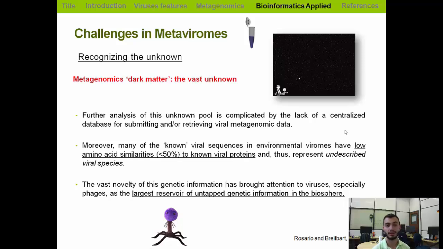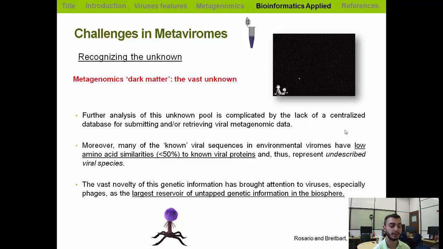And all this new knowledge that we are gaining has brought attention to the viruses. So metagenomics is a popular subject. People are doing a lot of metagenomics, and viral metagenomics is even more popular. We have to try to assess this knowledge about viruses, and perhaps you will be able to do that very soon.